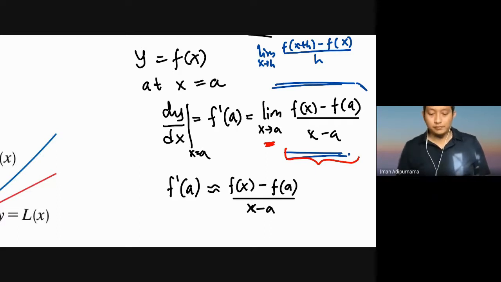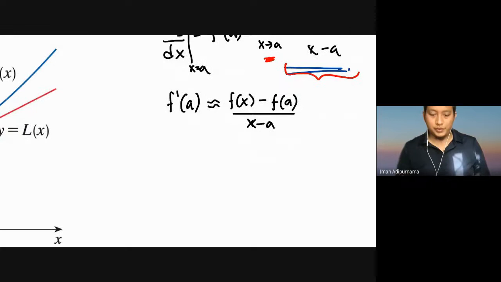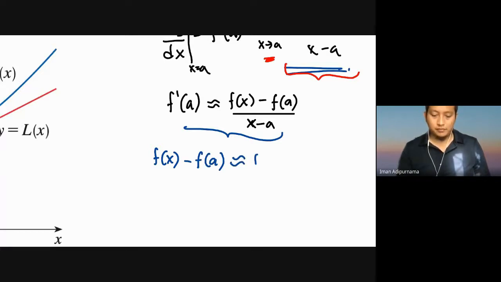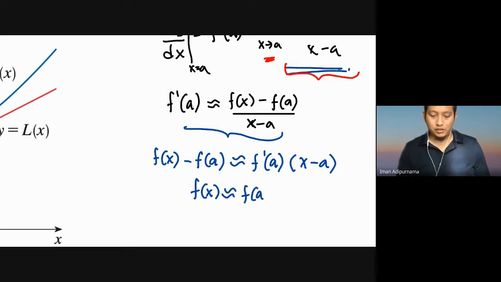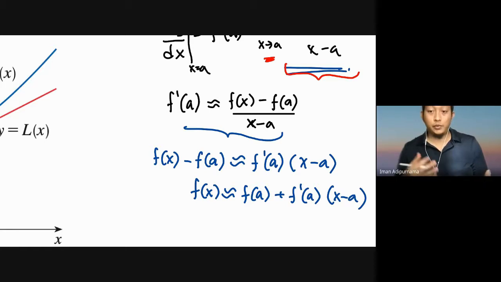If you try to solve this to find f of x, let's solve this, and this will be our solution. So we can rewrite our tangent equation and make it into this equation now.